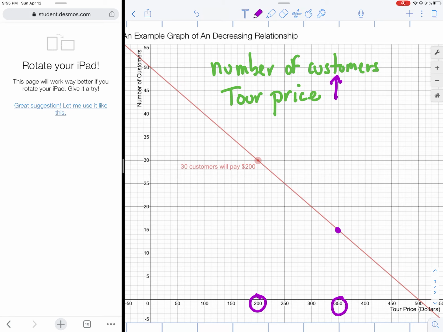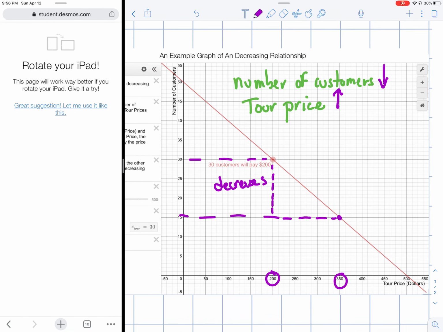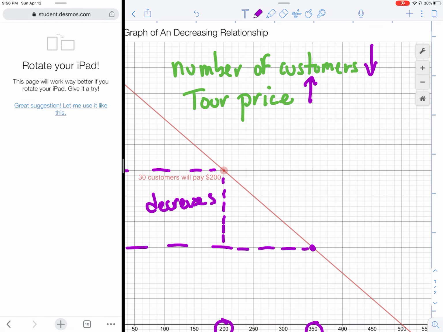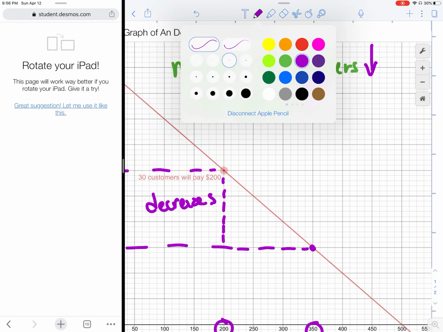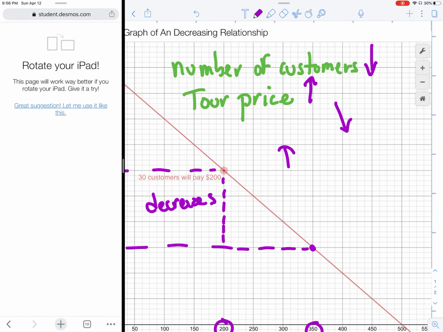What I see is that the number of customers goes from 30 to 15, right? So the number of customers decreases. So that tells me that if the tour price going up makes the number of customers go down, this is a decreasing relationship or a decreasing pattern.